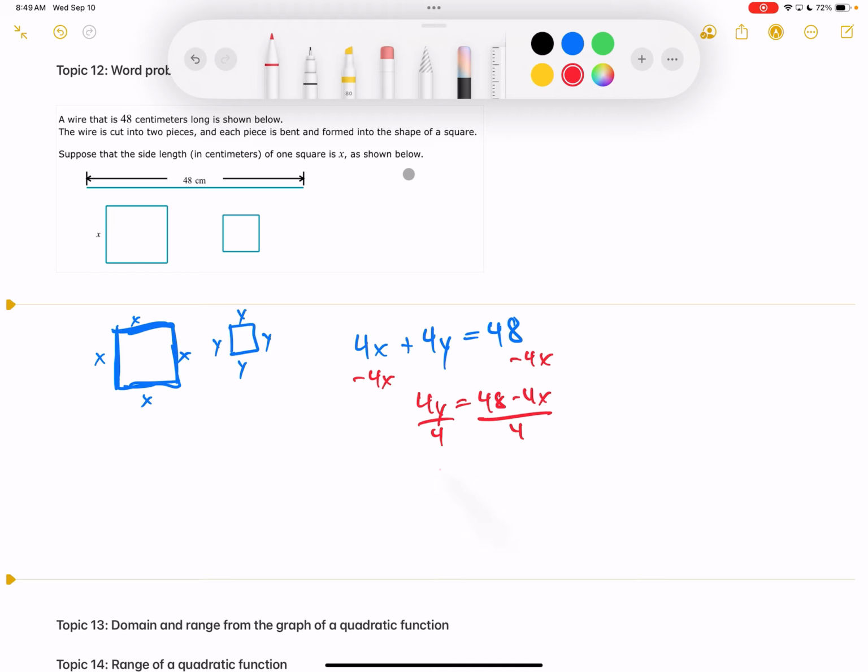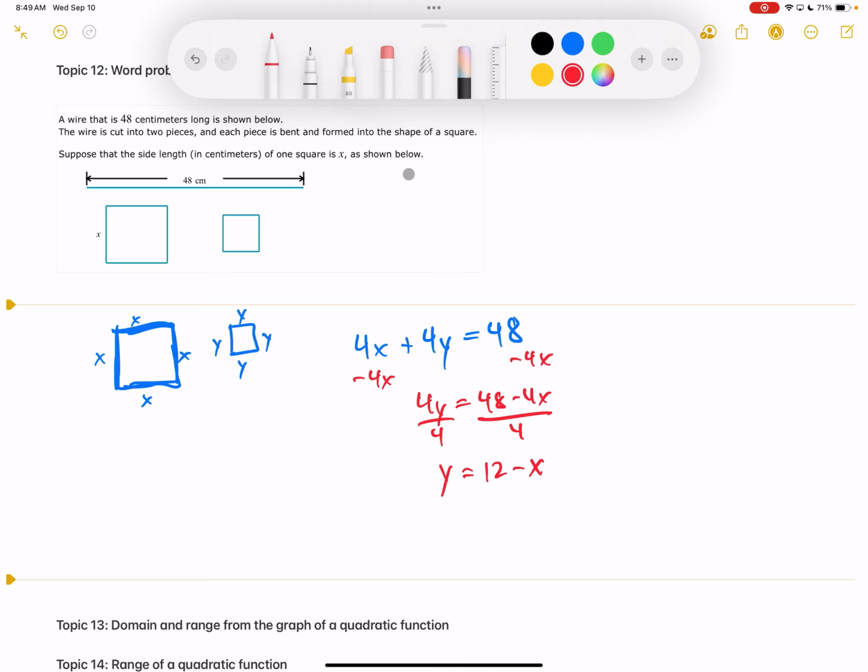Divide everything by 4, and I get y equals 12 minus x. So what this is saying is that y is going to be... I'll come back to that in a second. All right, so how do we go from here?